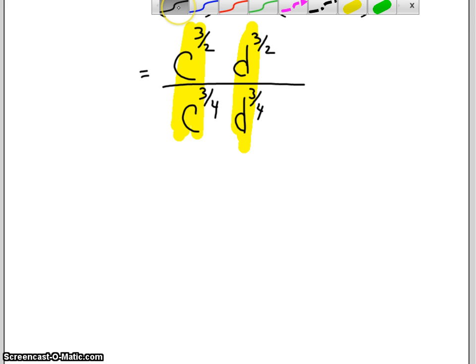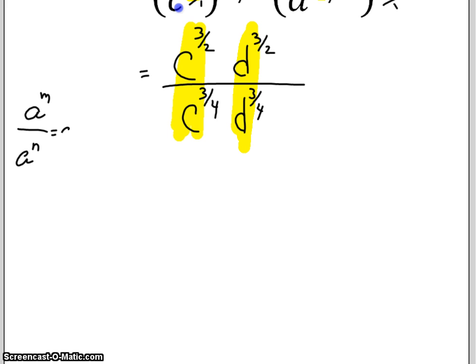You may have seen the property a to the m over a to the n equals a to the m minus n. So we're going to be subtracting these exponents. So this is going to be c to the 3 halves minus 3/4 and d to the 3 halves minus 3/4.